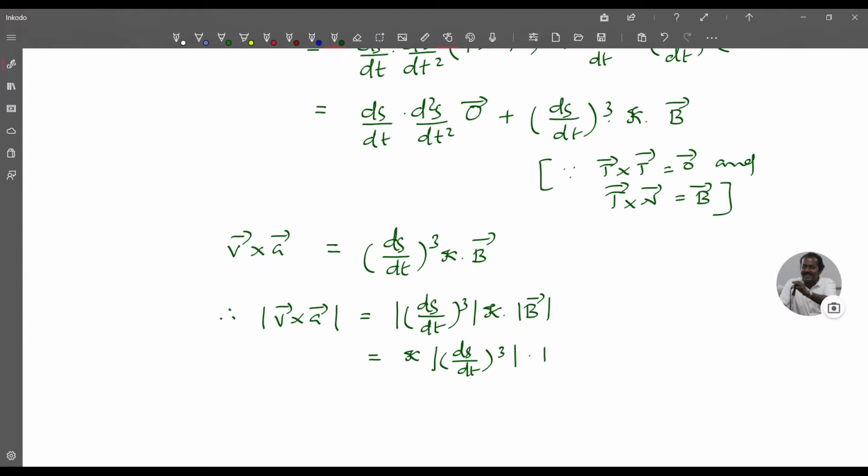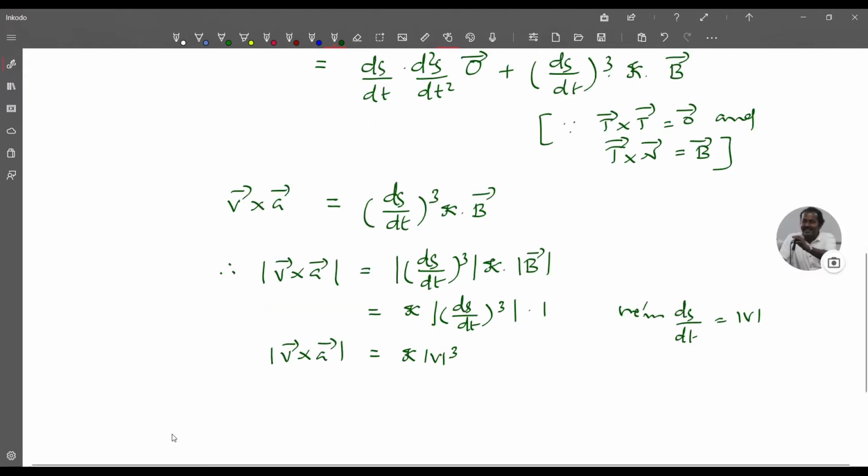And you know that ds by dt is modulus of V. We have ds by dt equal to modulus of V. So modulus of (ds by dt) the whole cube is modulus of V cube. So this is equal to kappa into modulus of V cube. So this is modulus of V cross A.